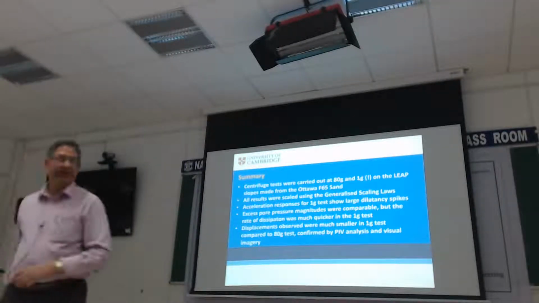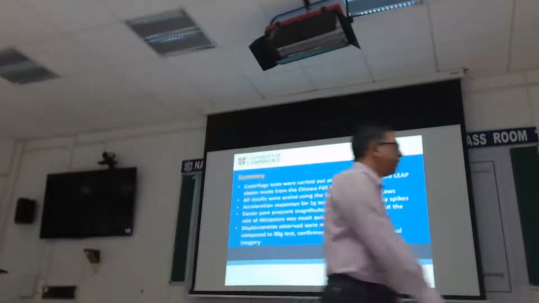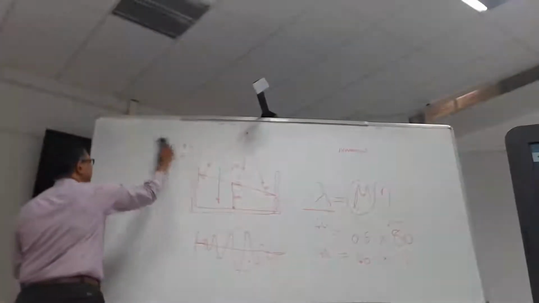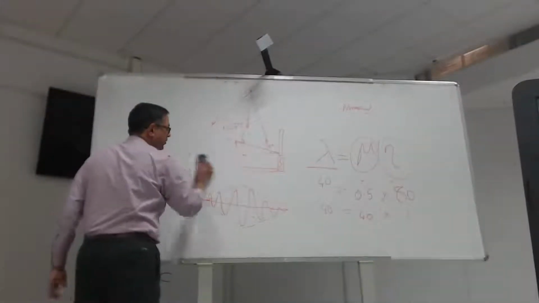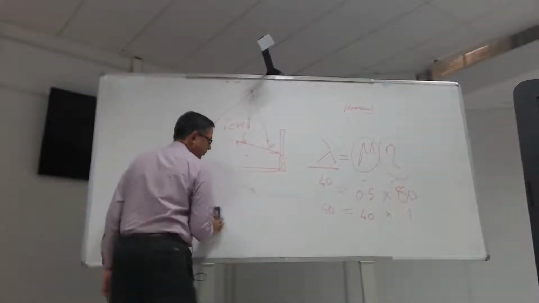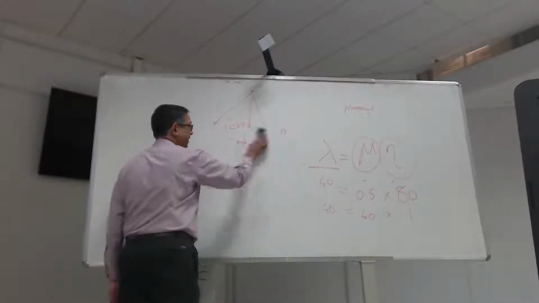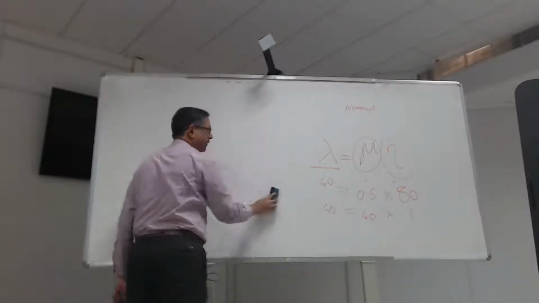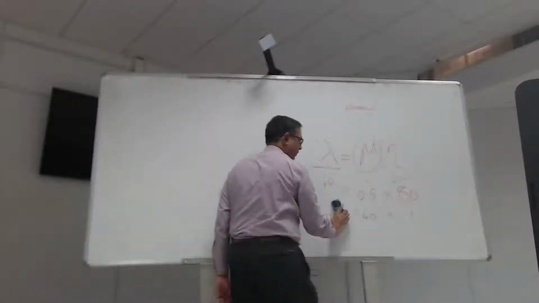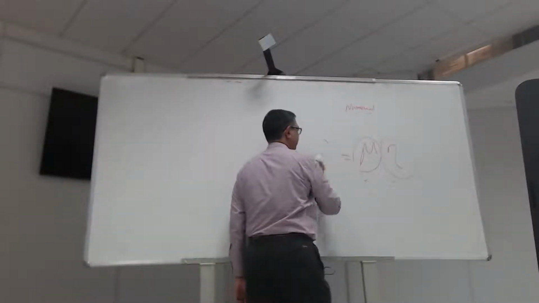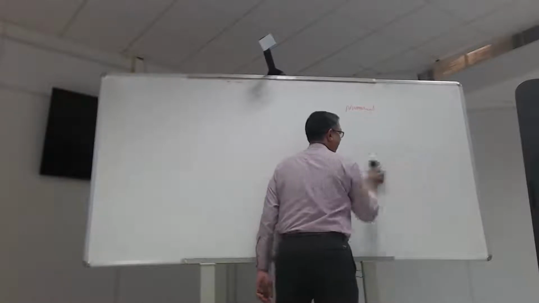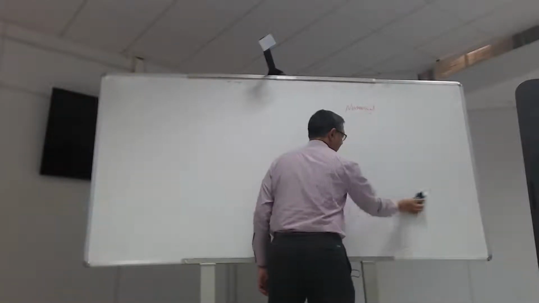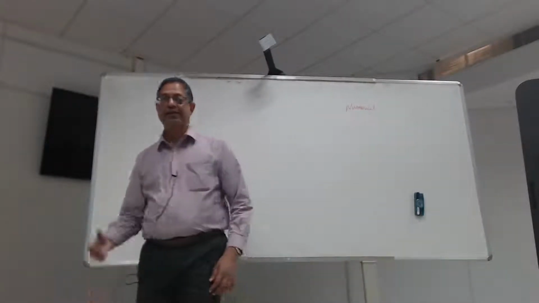So my advice is, by the way, if anybody wants to have a go at doing a numerical analysis of this, you can have a go. But before you do, I suggest you look at all the papers that have been published.